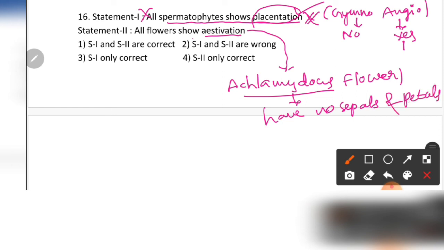So this is also a wrong statement. Both are wrong, so the second option is the answer.